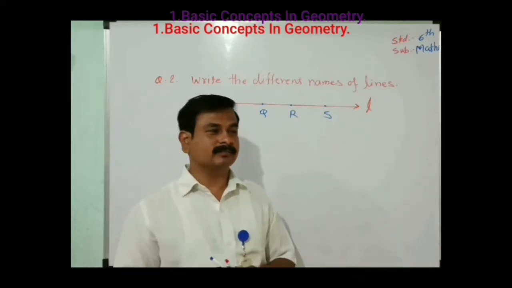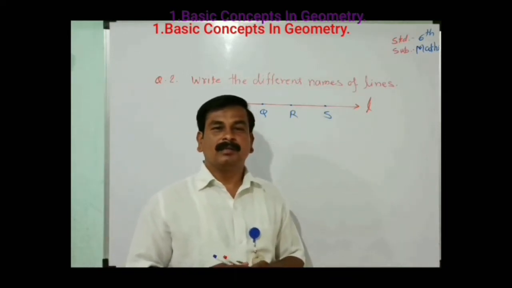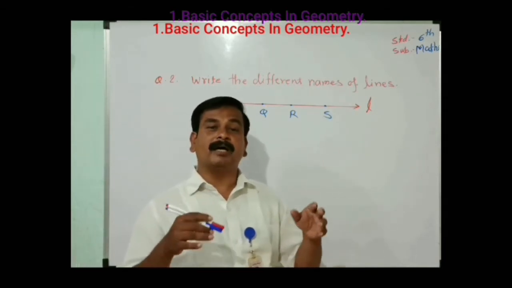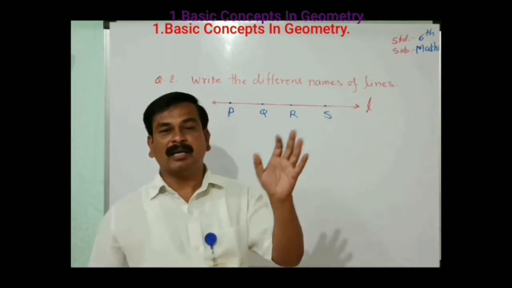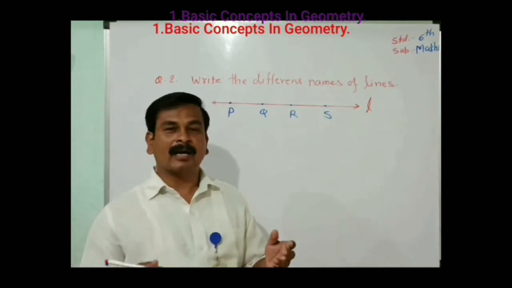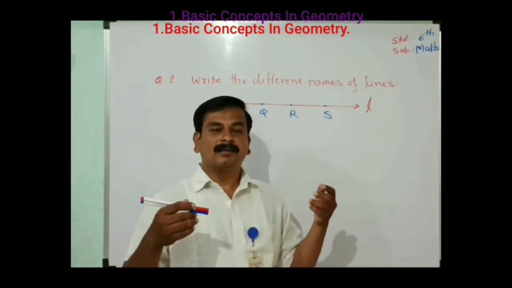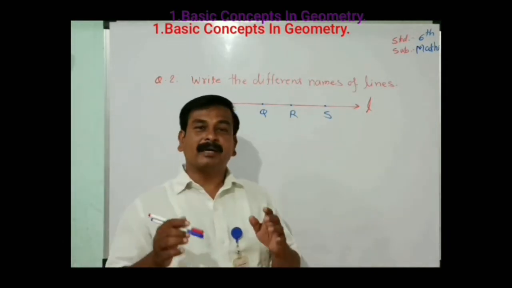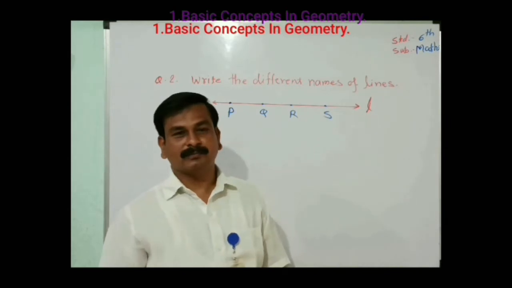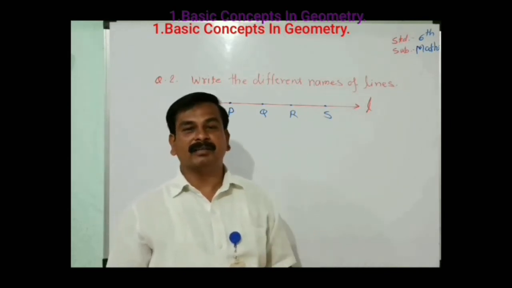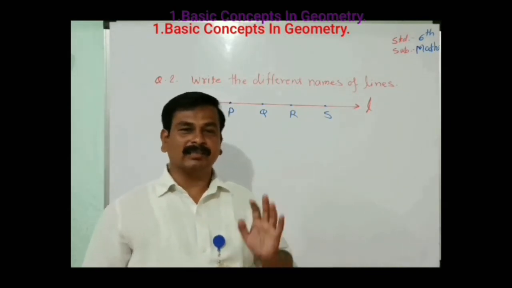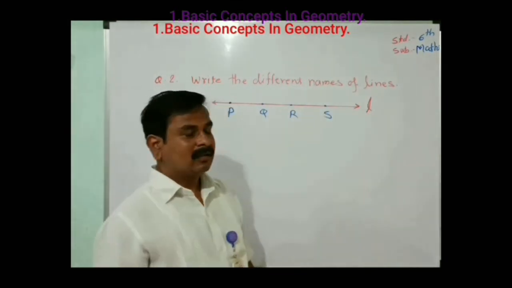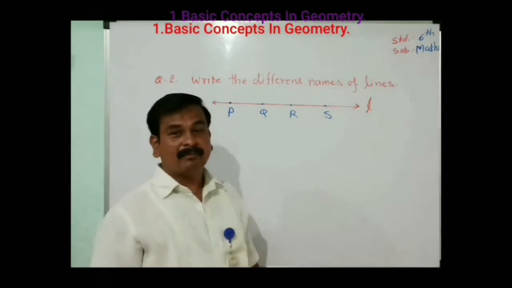We know that any person is known by different names, Nana, Dada, Mama, etc. But the person is only one, known by different names. Like this, the line is only one line, but it has different names.